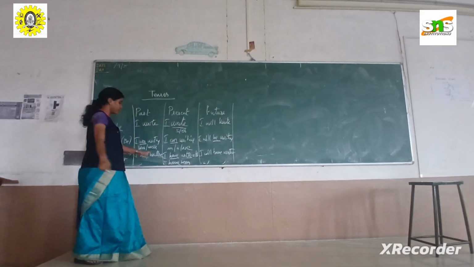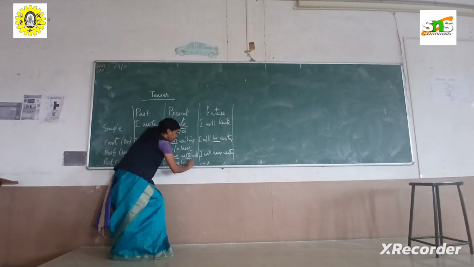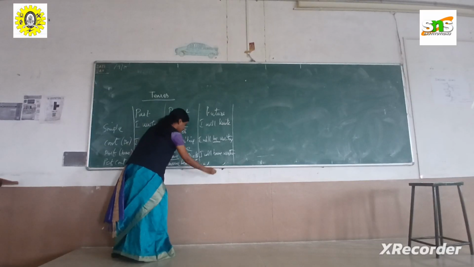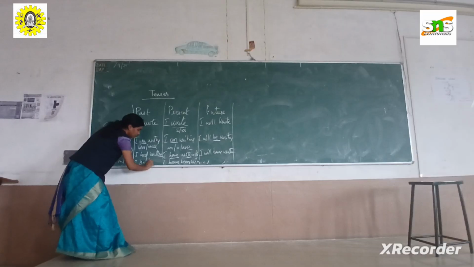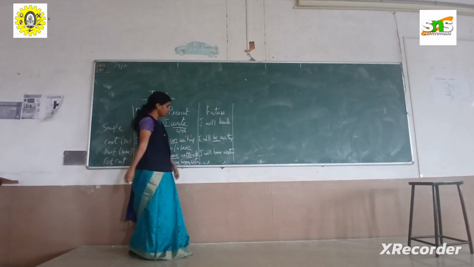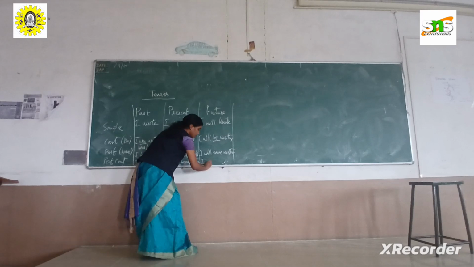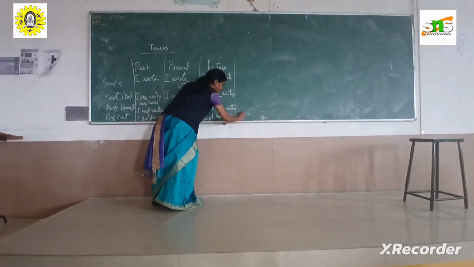So for all perfect continuous, we will be adding been along with have. So I have been writing a letter. The past tense is like I had been writing a letter. And the future tense of it will be I will have been writing a letter.